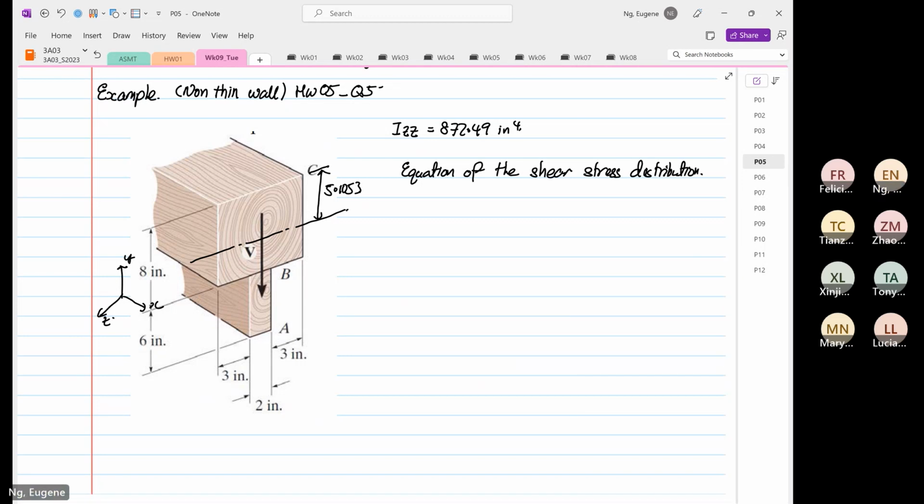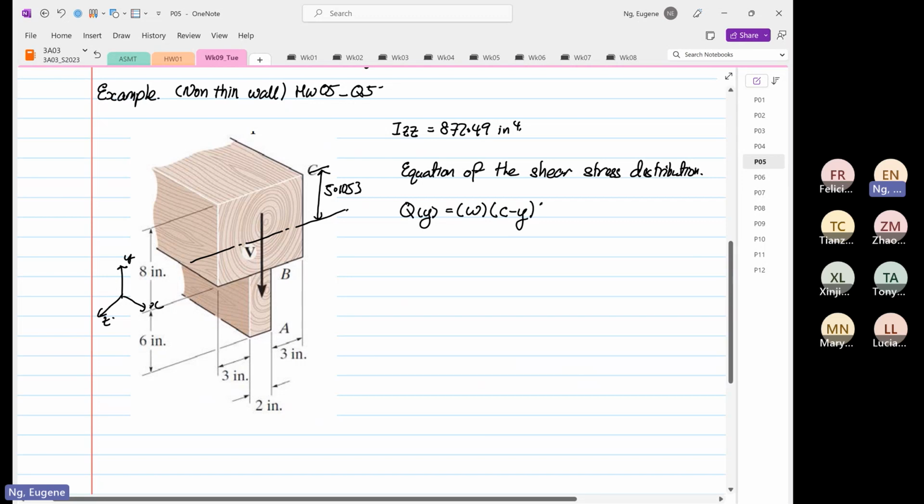The general formula that we are going to use is Q as a function of y equals width times (c minus y) times (c plus y) multiplied by half.